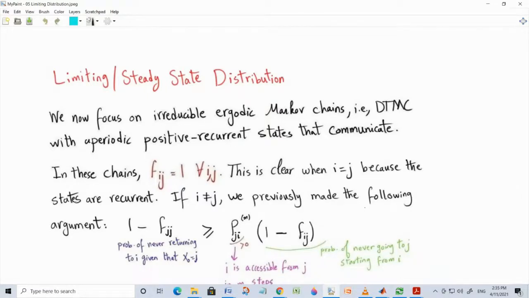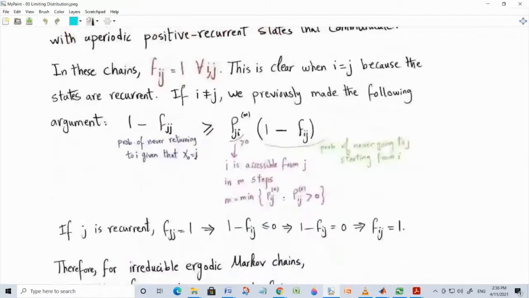So now for ergodic Markov chains, the states are also aperiodic. In those chains, because the chains are irreducible, you can show, and we have seen something like this before, that f_ij is equal to 1 for every i and j.